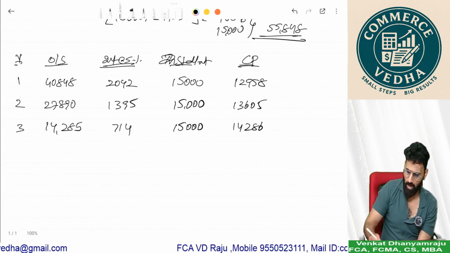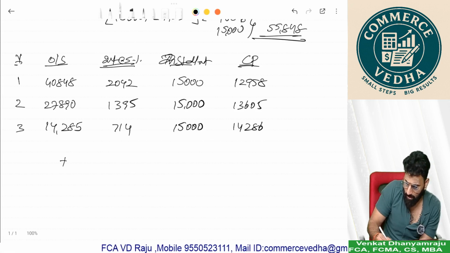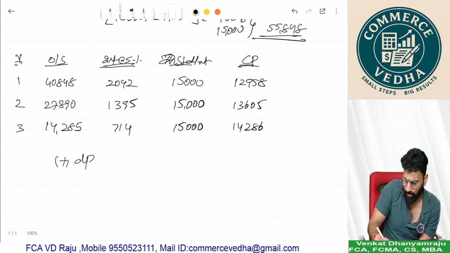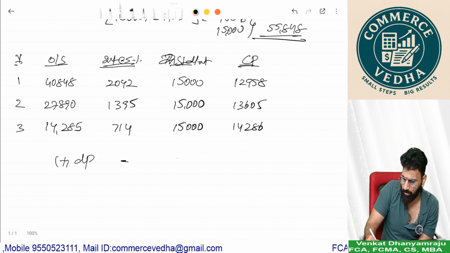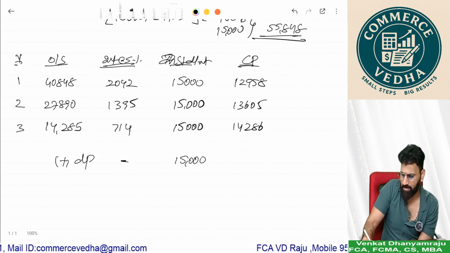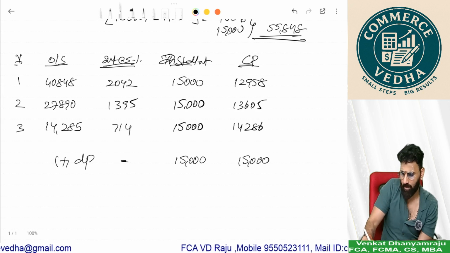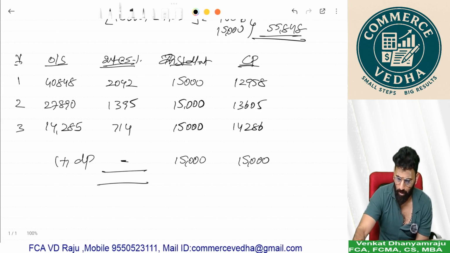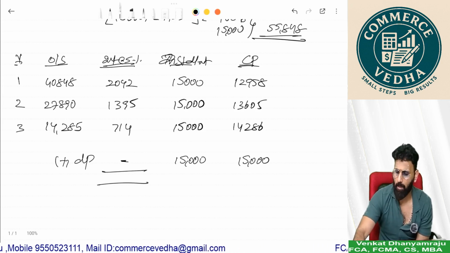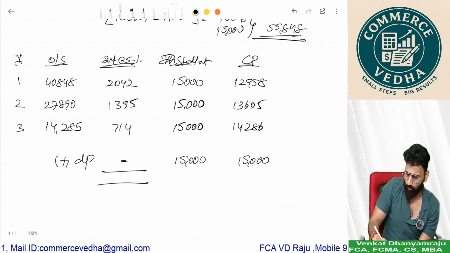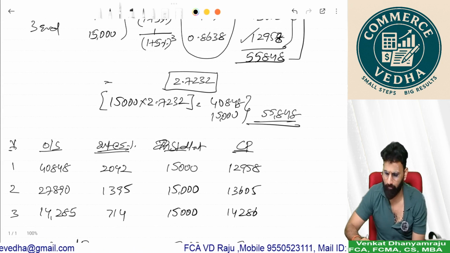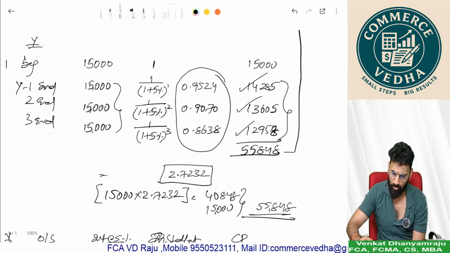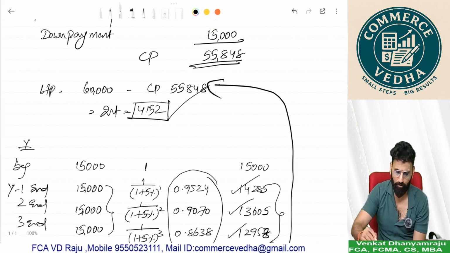And if you add the down payment, nothing to add to interest, but the down payment should be added to the installment as well as the cash price. You will get your total interest: 2,042 plus 1,395 plus 714, which is 4,151.